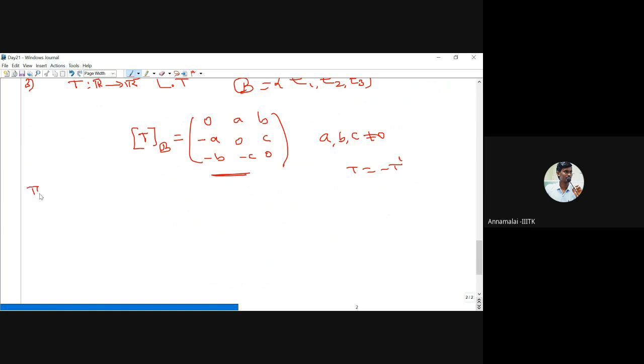First option, T is 1-1. The second option, T is onto. And the third option, T does not map any line through the origin onto itself.